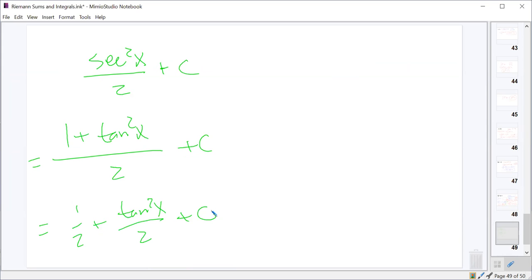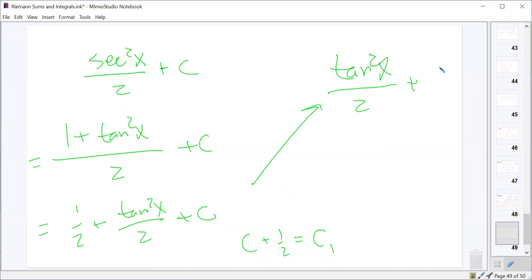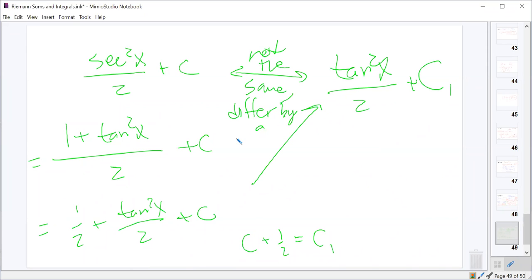So this is where the values of these constants start to matter a little bit, because a constant plus a half is just some other constant, isn't it? And so we could say that this is the same as tangent squared x over 2 plus some other constant. And so while these are not the same, they differ by a constant.